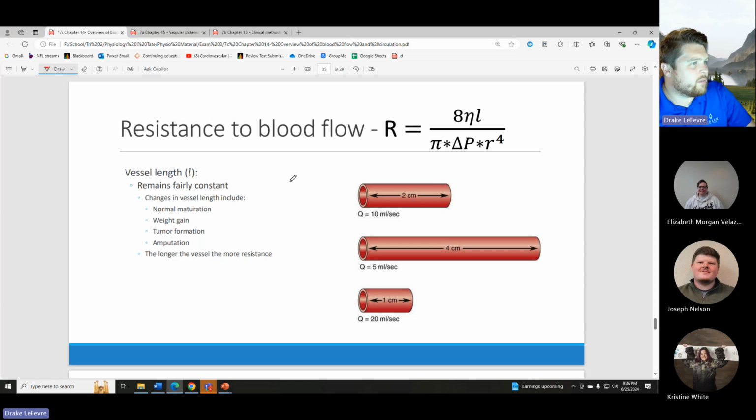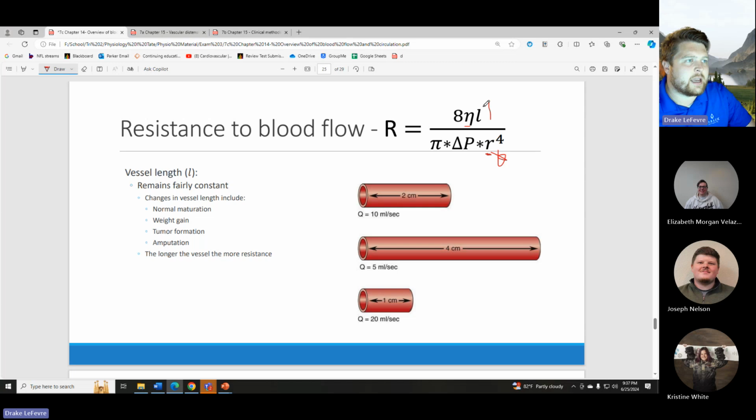Vessel length, more of these components. We talked about viscosity. We talked about radius. This is the most important part. Radius is always going to be the most important. Length remains fairly constant. Let's say we do change the length of a vessel. If we change the length of a vessel, what happens to resistance?